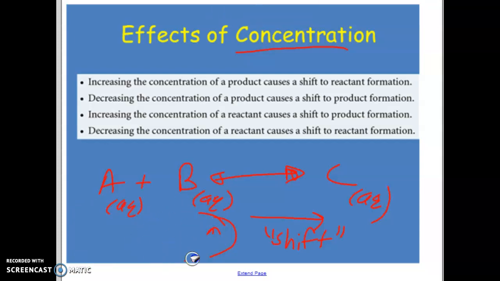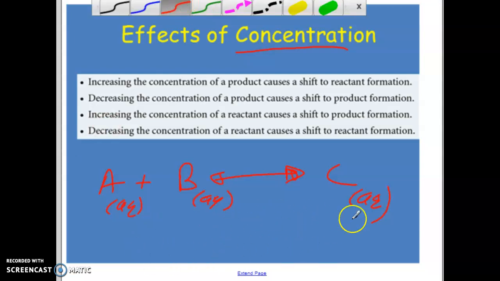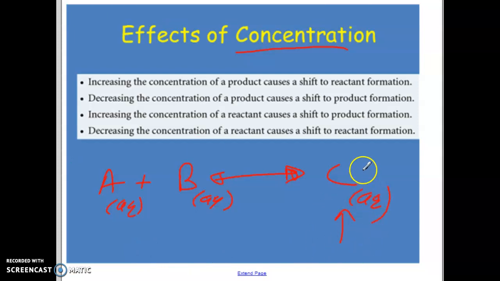Now let's say instead of adding in a reactant, we were to add in a product. So let's say we open this up and increase the concentration of C. What ends up happening is the equilibrium wants to use up that extra C that has just been added in. The only way to do that is to convert it by using the reverse reaction back into A and B. So we're creating a shift to the left, or we can say it is a shift to the reactant side of this reaction.